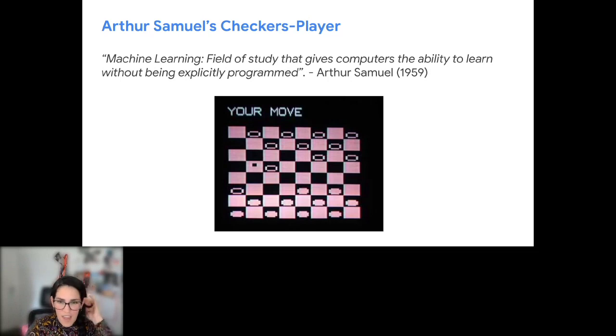By the end, it got really good at it, and it could actually defeat human players. It paved the way for future developments in machine learning and artificial intelligence. It was a very, very important point in the history of machine learning and artificial intelligence.